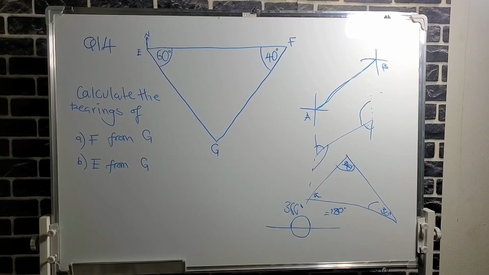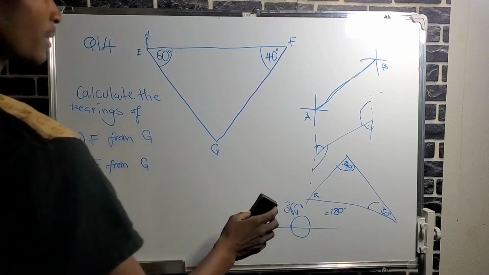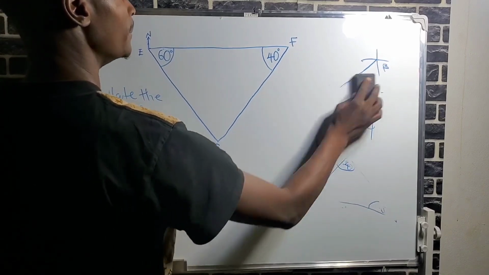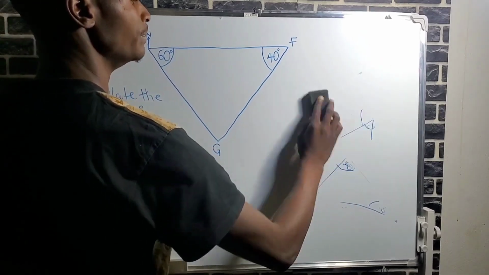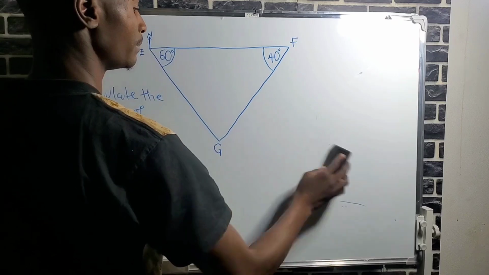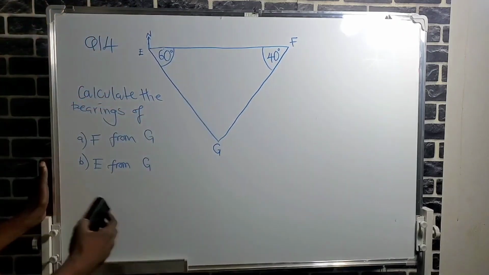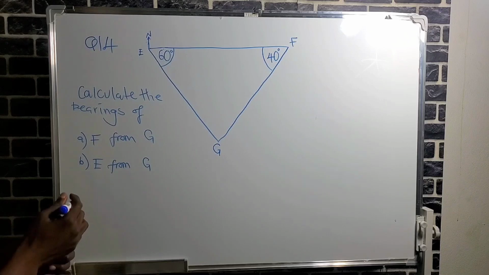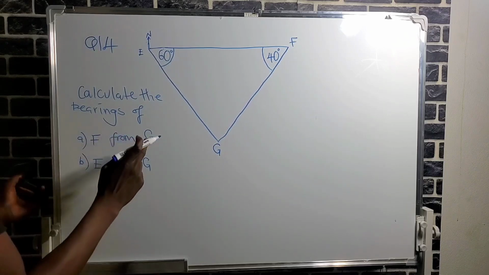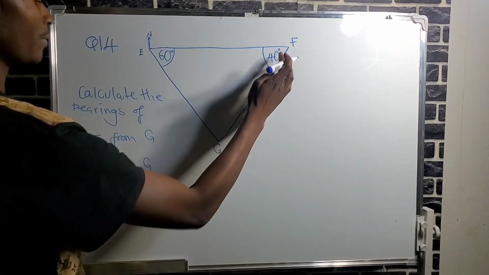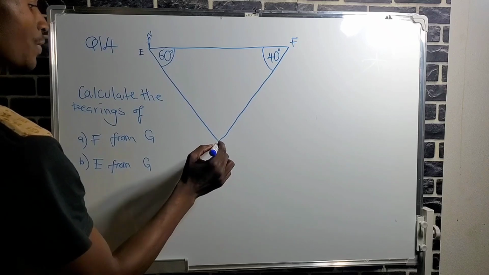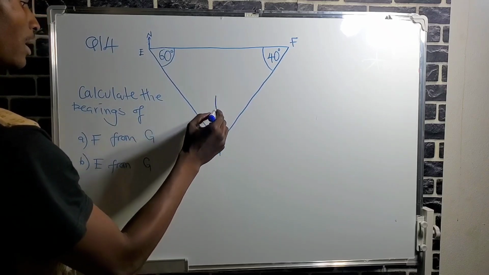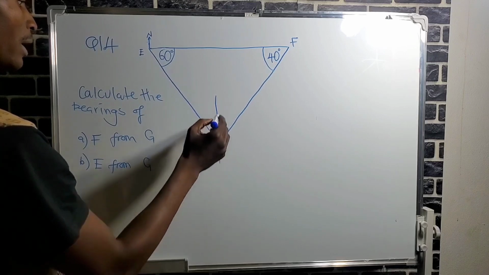Let me just clear up some space here. Okay, so now let's answer this one. They are saying bearing of F from G. It is at G that we are going to draw our north, like this.